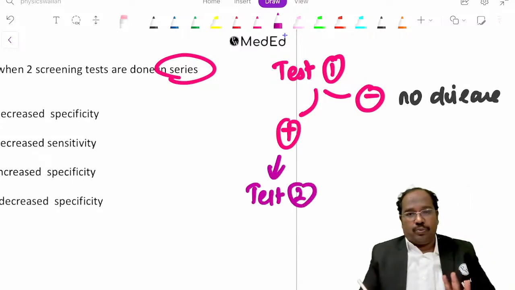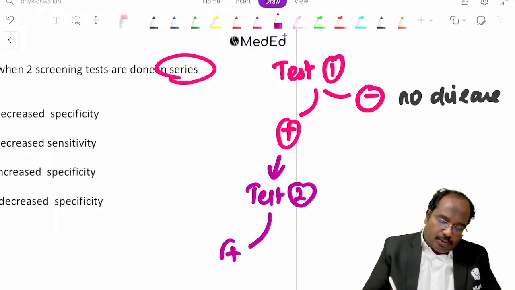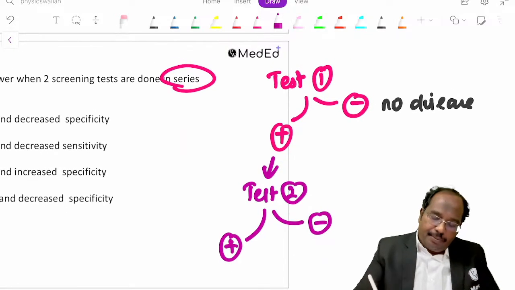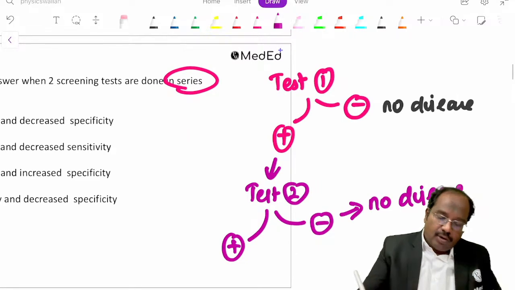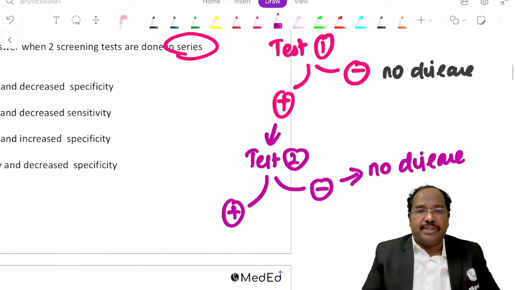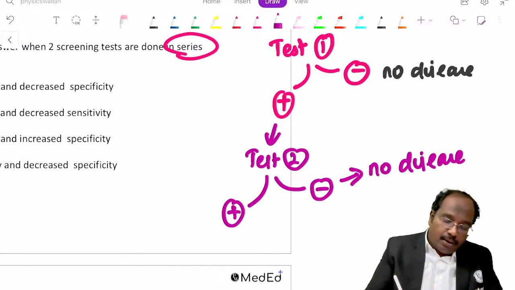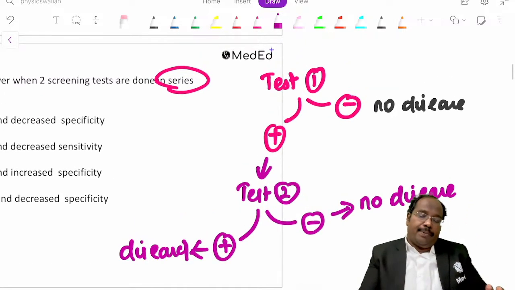If test 2 is negative, you are going to call this person no disease. If test 2 is positive, you are going to call this person diseased. I'm repeating again.